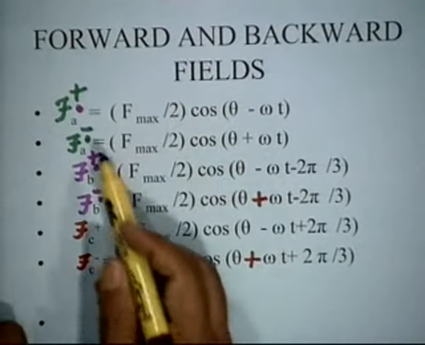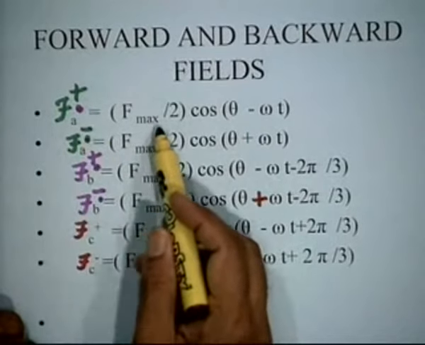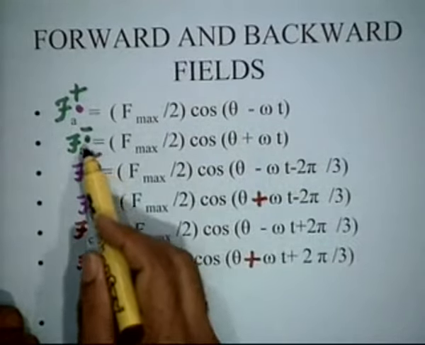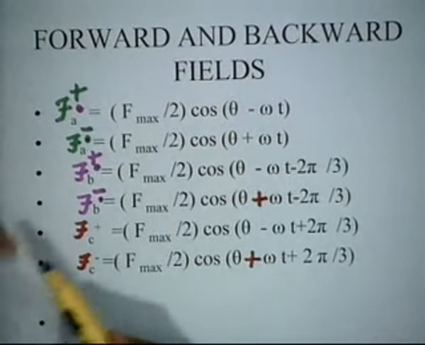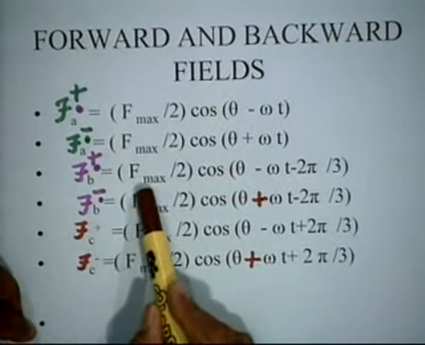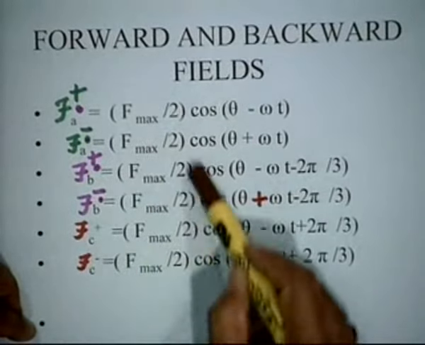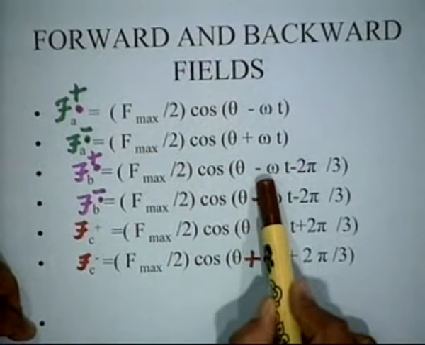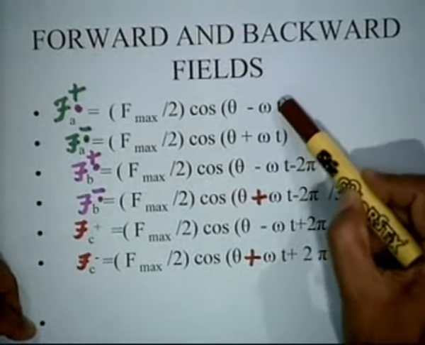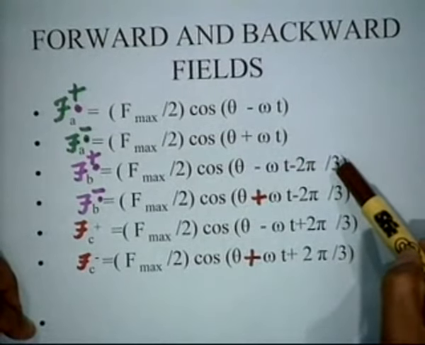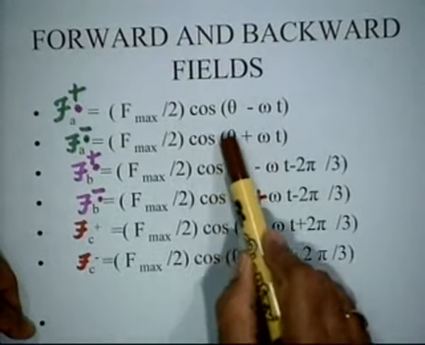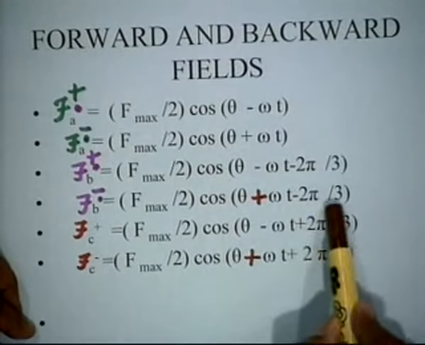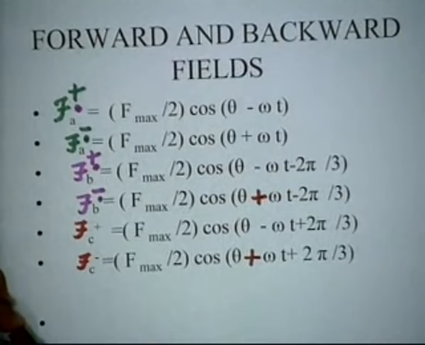So, what are those? Forward field Fa plus is F max by 2 cos theta minus omega t, and Fa minus is F max by 2 cos theta plus omega t, and similarly Fb plus is F max by 2, remains the same, you have cos theta minus omega t minus 2 pi by 3, because compared to this forward field this will be at minus 2 pi by 3 because centered along the next axis. Fb minus will be the backward field due to A, but displaced by minus 2 pi by 3.